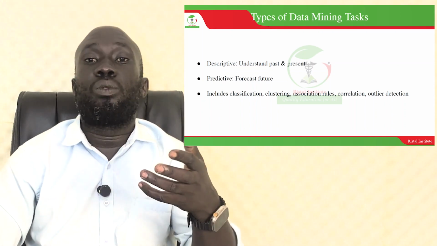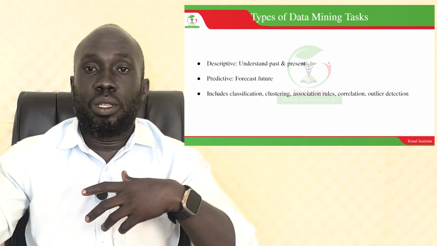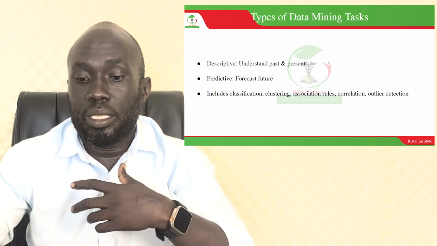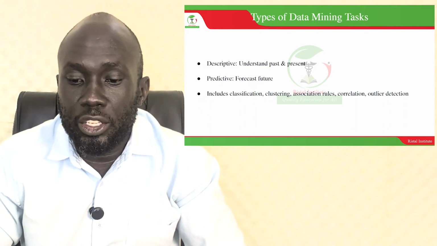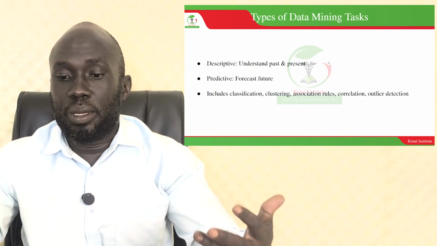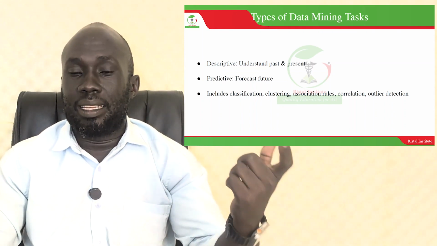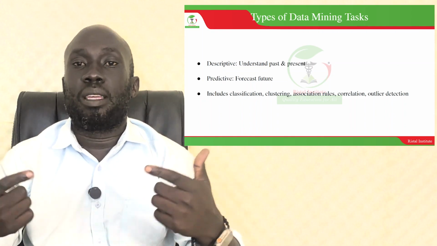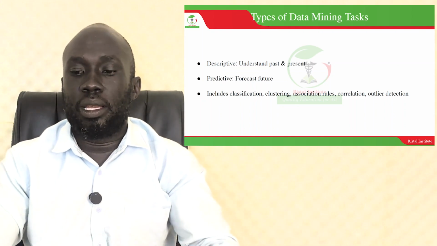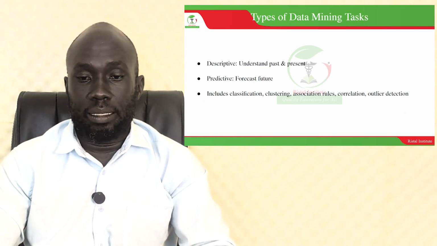And then association rule: which data can be linked to which data, or which data is related to which type of data. And then correlation: which data can relate to which data and which data can work best with which data. And then outlier detection, that is, if there is any external data that can relate to whatever you already have in your system or in your files.